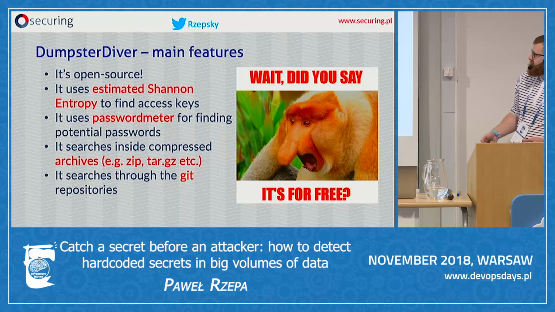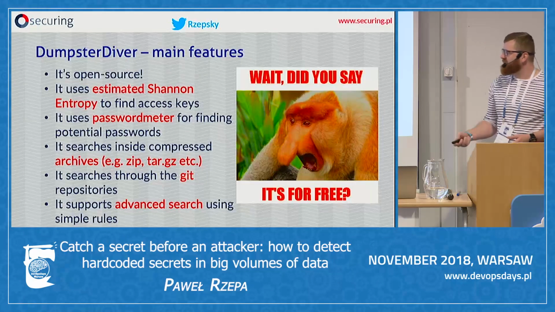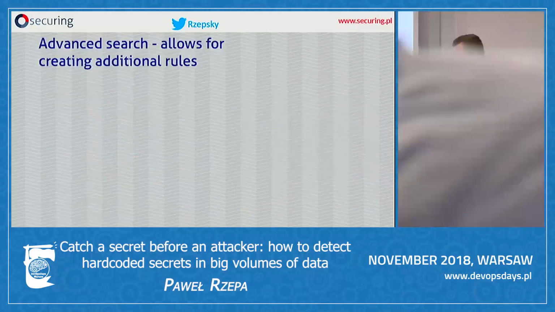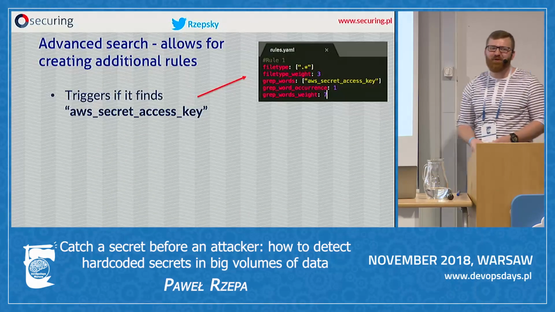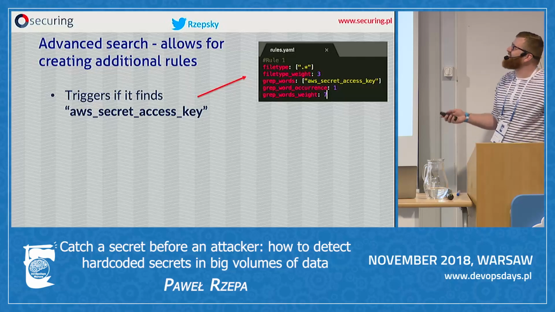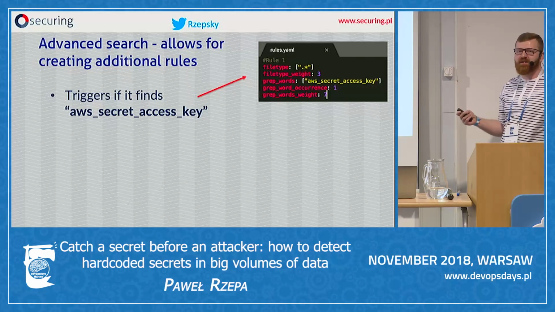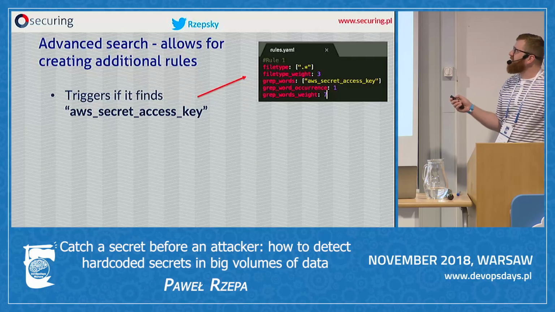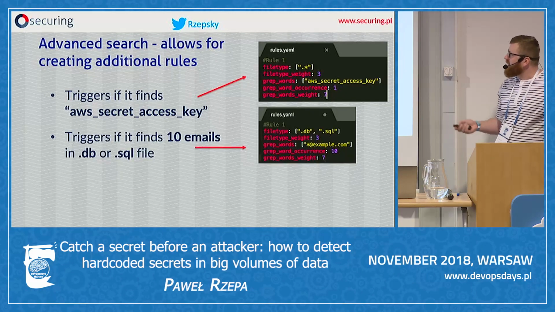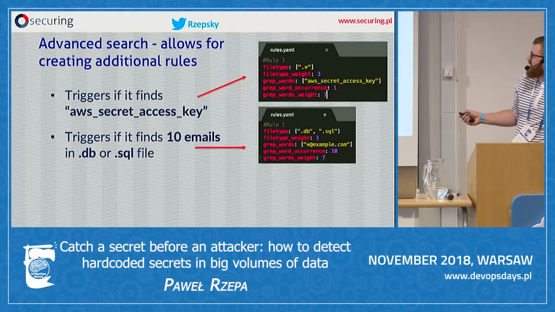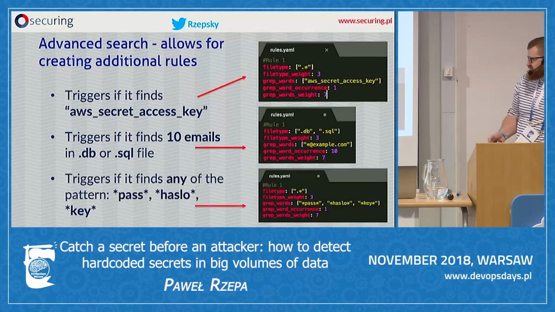It also supports advanced search. Advanced search may be too big a word for this, but it allows you to specify, using a YAML file, the file type, also the grep words, and the amount of occurrences of them. So for example, if you are looking only for emails from a certain domain in certain file types, you can use that.